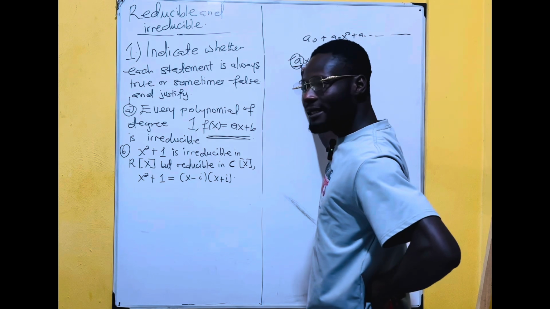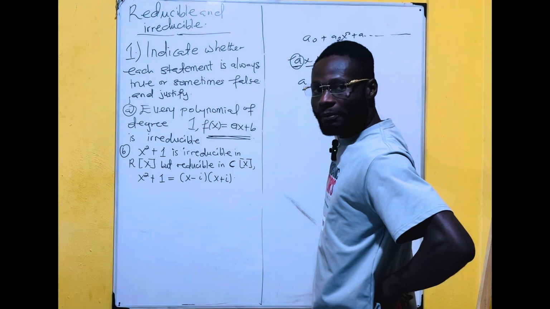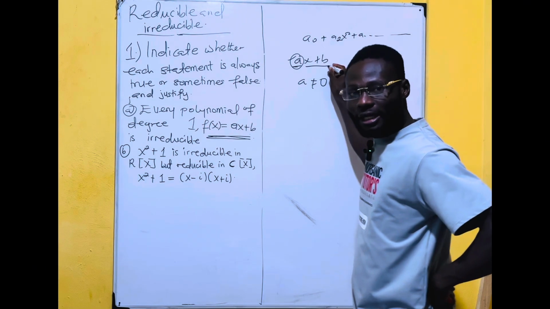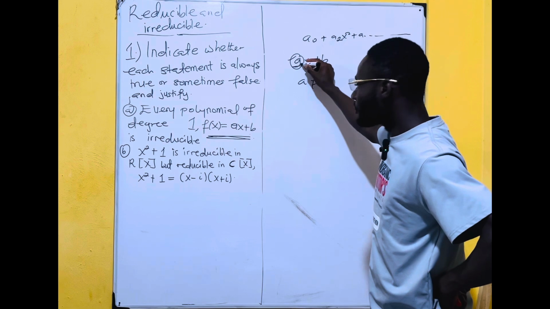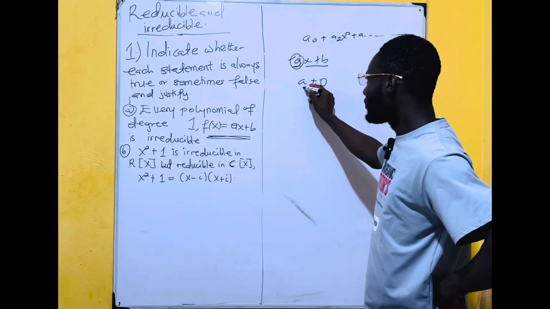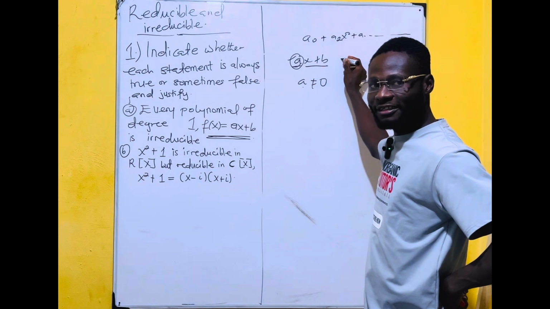Because once a is 0, you no longer have a linear polynomial; it tends to a constant polynomial. So a should not be 0, so that you can have a linear polynomial. I believe that is good.